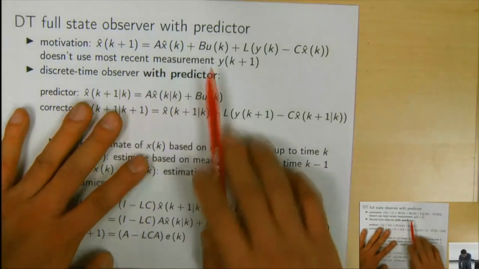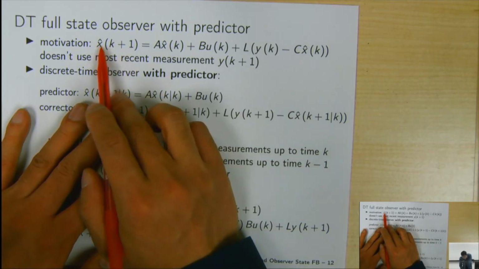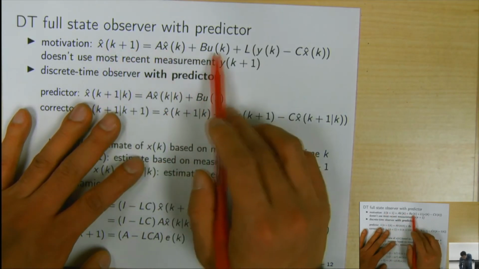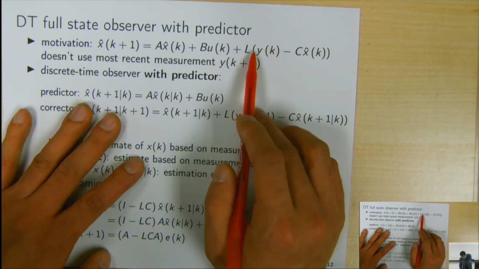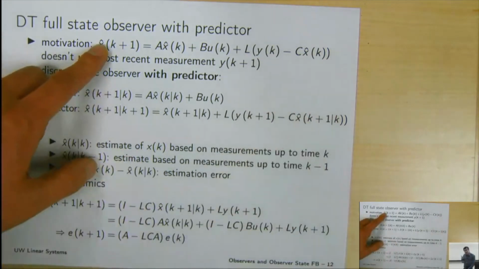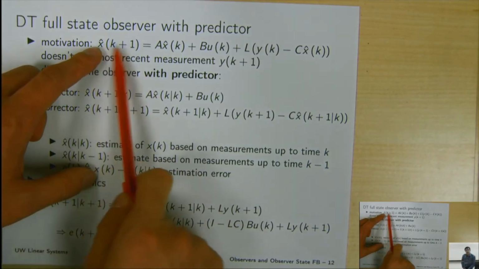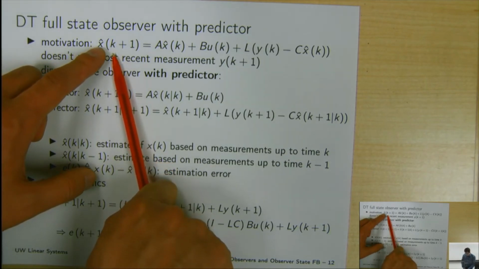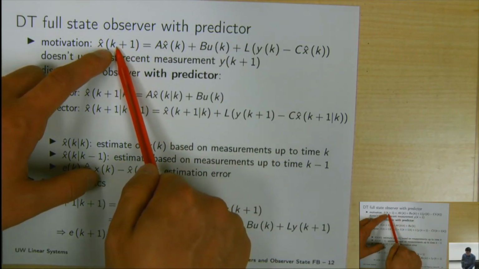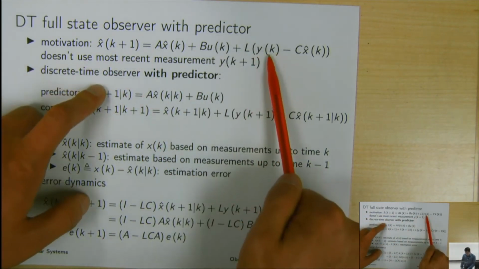It is motivated by the fact that if we have the regular observer update law, x hat k plus 1 is A x hat k plus B u k plus L times y k minus C x hat k, then we are updating the state at time k plus 1 using all the measurements up to time k.